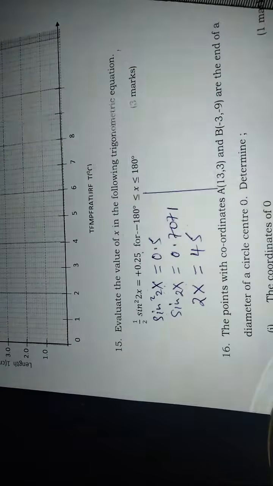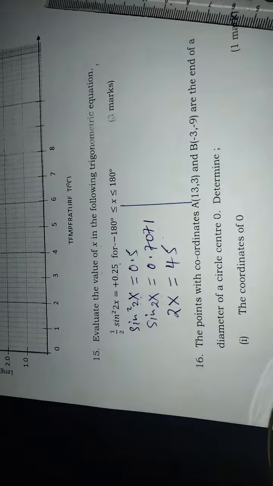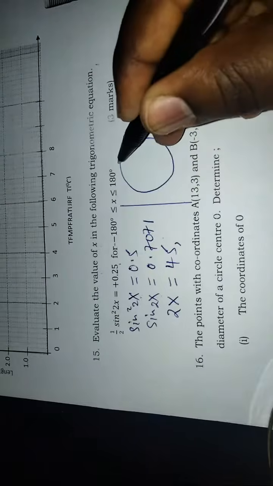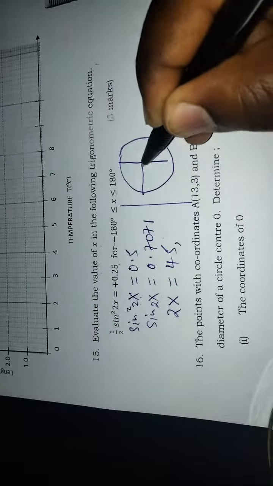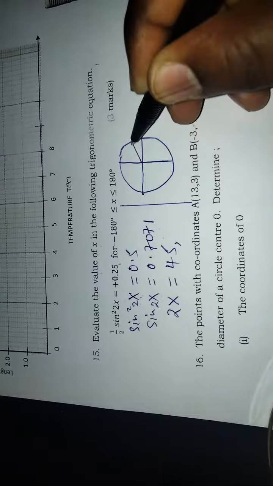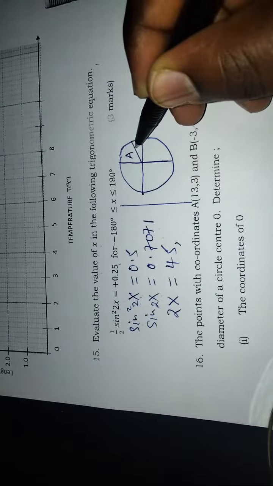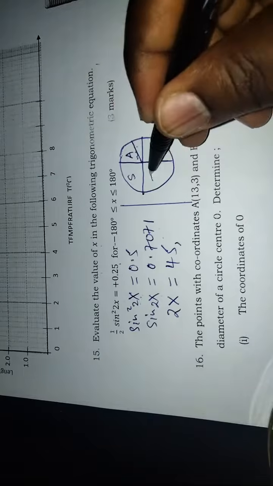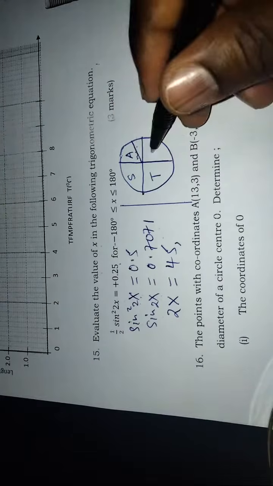Exactly 45. This means there are other angles where the value of sine is positive, and that can be in the second quadrant, because we usually say that all the trigonometric ratios are positive in the first quadrant: sines, tangents, and cosines.